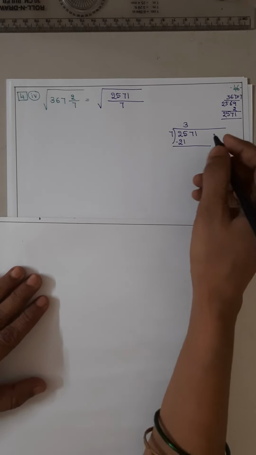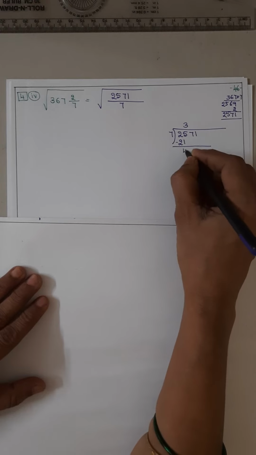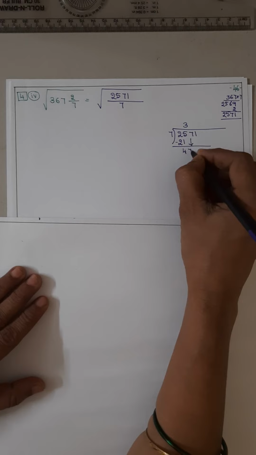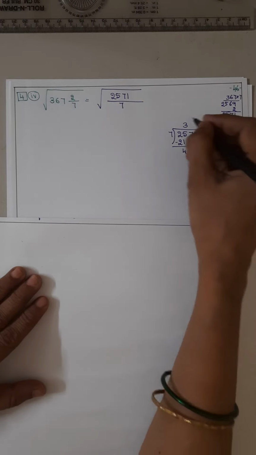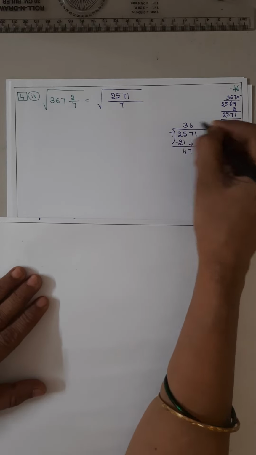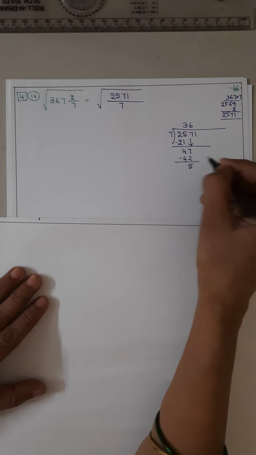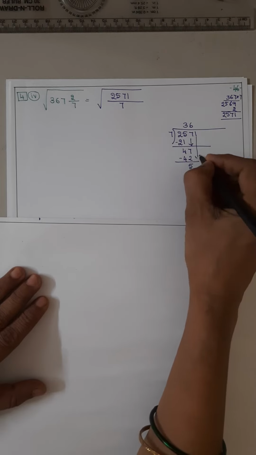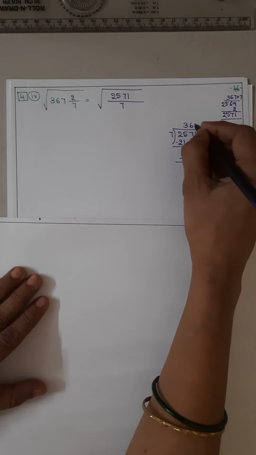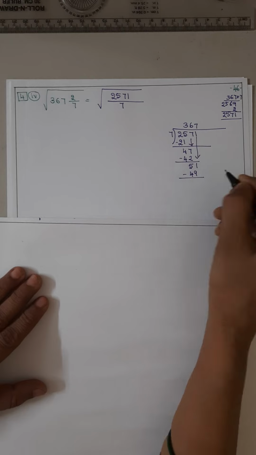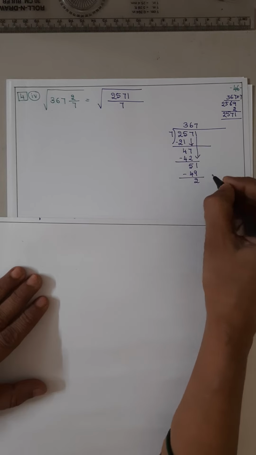Okay. So it is 21. 4 remains. Bring 7 down. It is a 7. 6 are 42. 5 remains. Bring 1 down. 7 7s are 49. You got a 2.